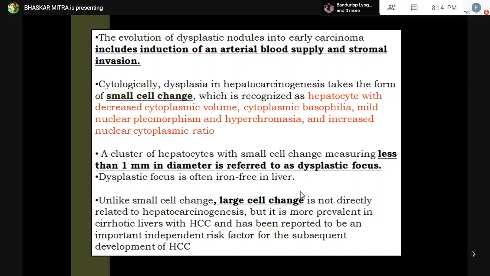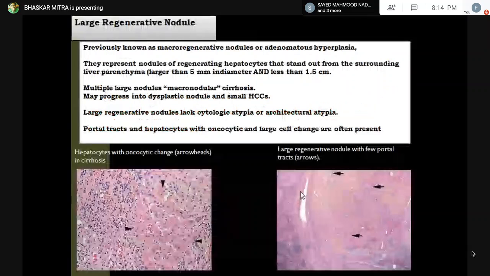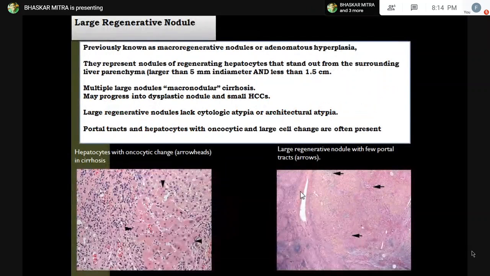Now in our next class, when we discuss this pre-malignant condition and transformation into hepatocellular carcinoma, I will go into details of this. Now I will concentrate on the large regenerative nodules, previously known as macroregenerative nodules or adenomatous hyperplasia.